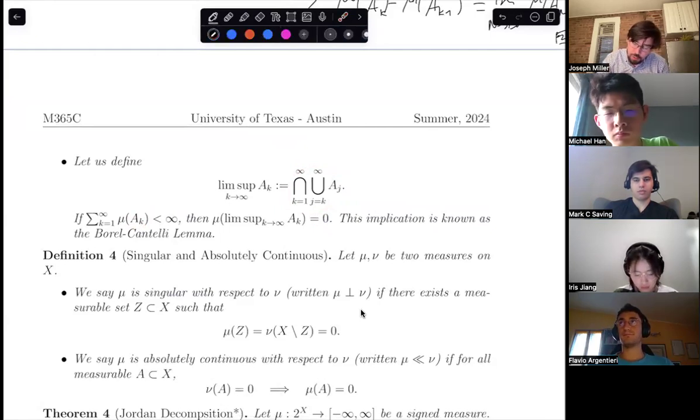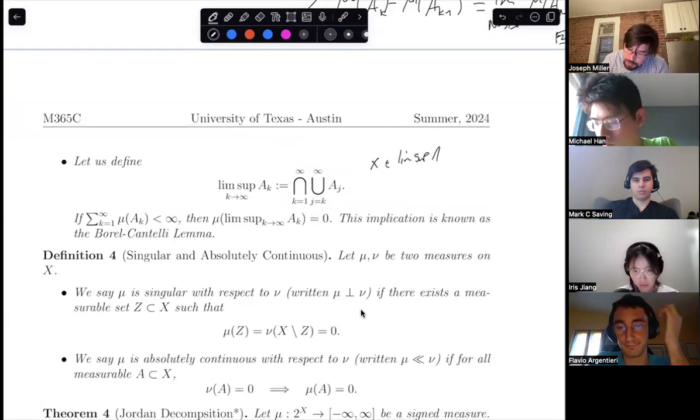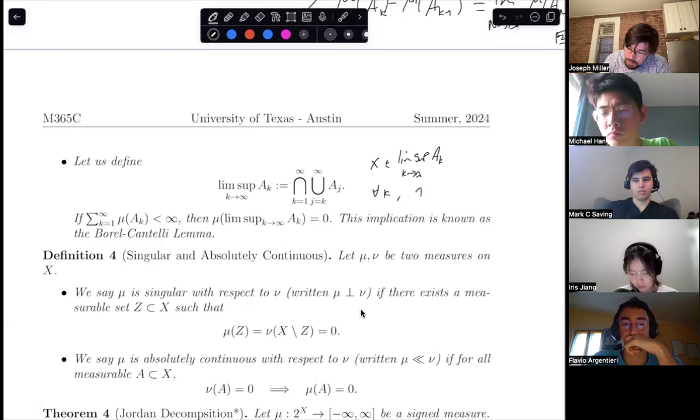What it says is the following. Let's take some x in the lim sup of A_k. What is this? It means that for all k, there exists a j greater than or equal to k, reading from left to right.